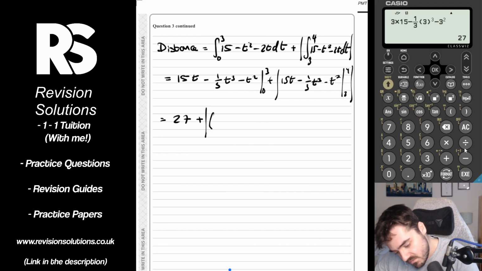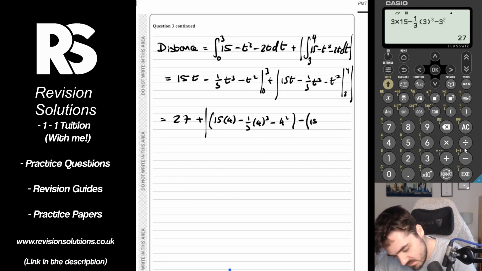So it's going to be 15 times 4 minus a third times 4 cubed minus 4 squared. And then it's minus the other limit, so that's 15 times 3 minus a third of 3 cubed minus 3 squared.